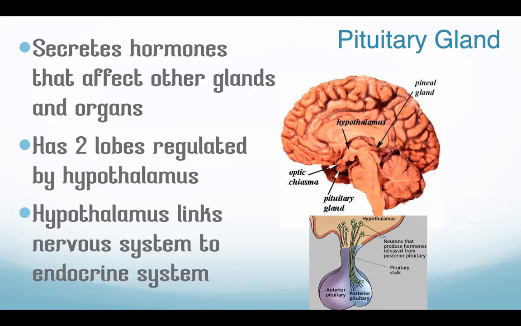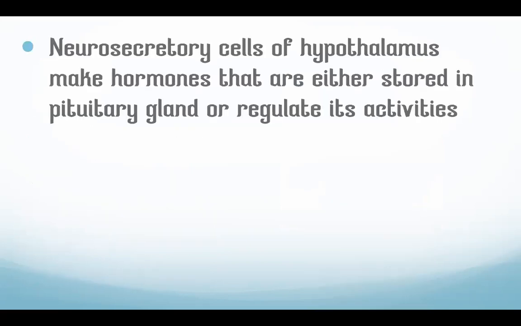The hypothalamus, as I said, links the nervous system to the endocrine system. Now, you have neurosecretory cells. So neuro meaning nervous system, and secretory meaning they secrete. Secrete just means, let me get the proper definition for it, hold on. I always describe secreting as making and releasing.